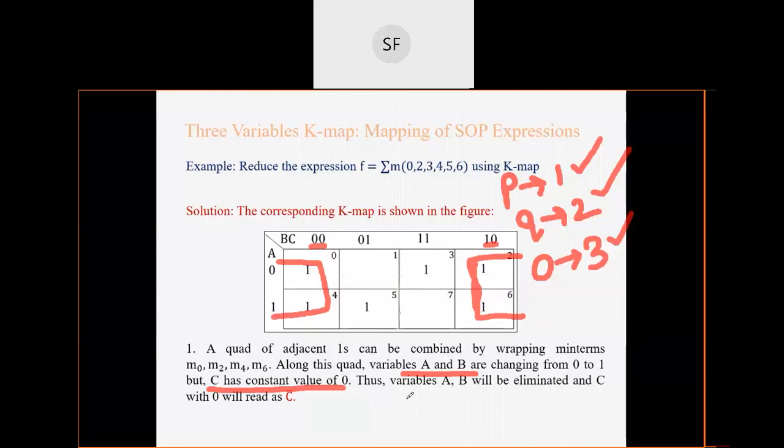Okay, thus both variables will be eliminated. Why? Because this is a quad. If it were a simple pair, only one variable could be eliminated, but here you have combined four cells, so that's why two variables will be eliminated straight away. And if you do an octet, then all three. Right? So since two variables will be eliminated, these two variables are nothing but A and B, and C will be read as, since the value of C is 0, you will get C bar.